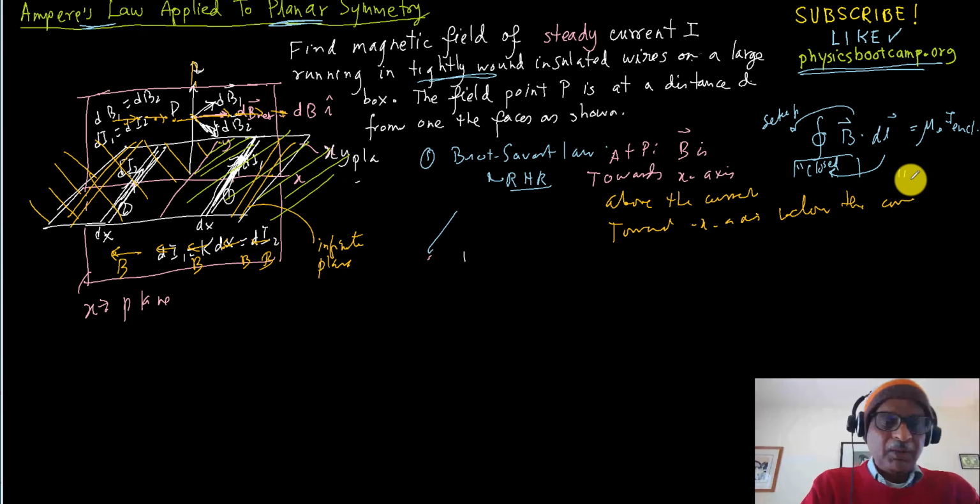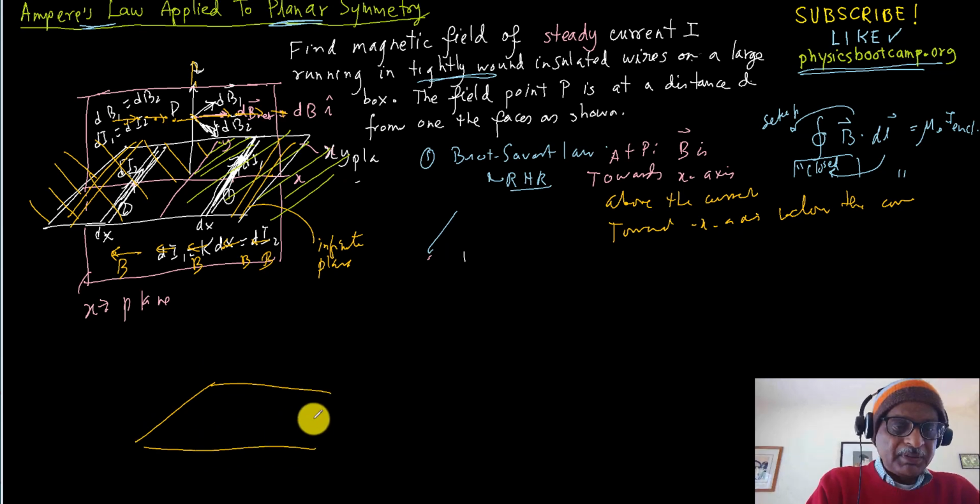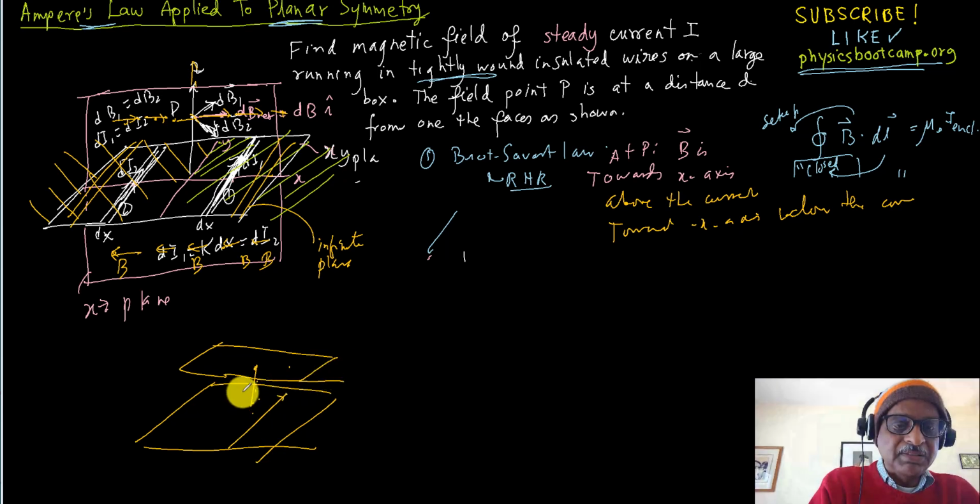Now, if I have a situation where the current is like this, then it can't depend on every x and y. So if I look at all the points at a distance d, this is the point P over here, but I look at every single point here.